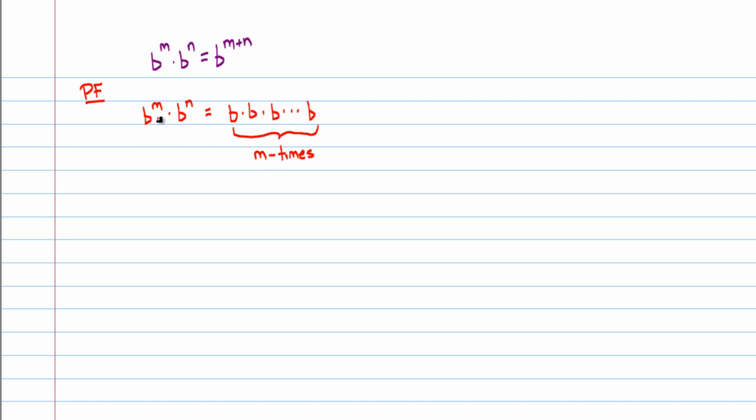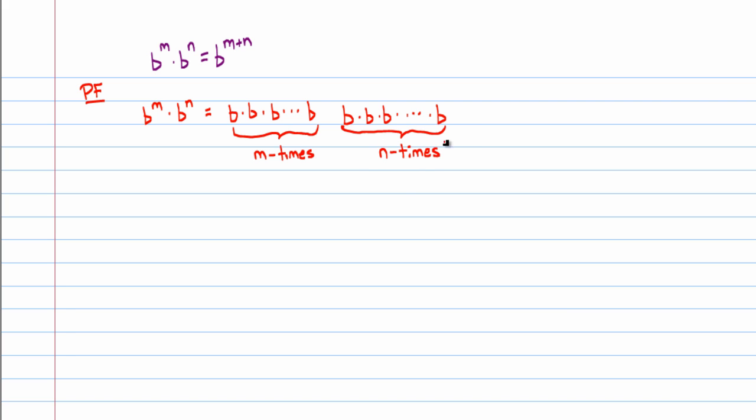The exponential power is just a shorthand for repeated multiplication. Also, b to the nth power can be written as b times b times b, and so on and so forth, and that's a shorthand for those b's multiplying each other n times.